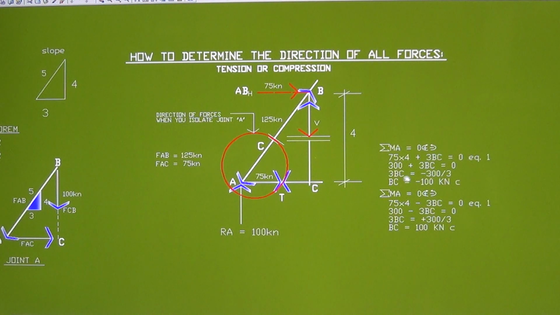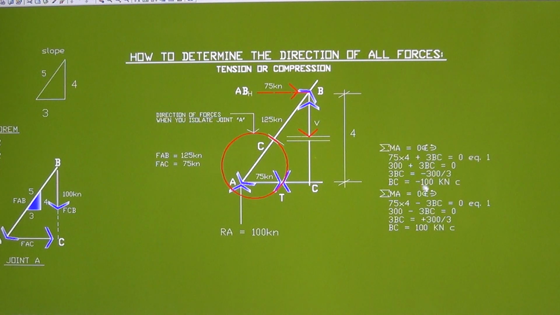So 3 BC is now equal to negative 300 over 3. You divide both sides by 3. It becomes BC, and negative 300 divided by 3 is equal to 100 kilonewton, and it's negative. Dividing two numbers having unlike signs is absolutely negative.